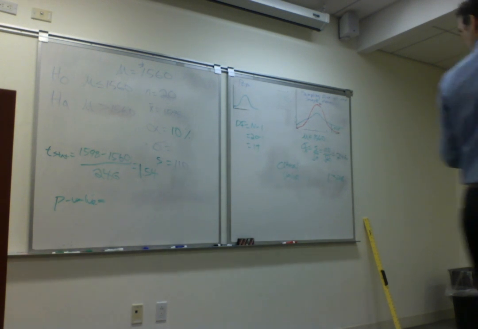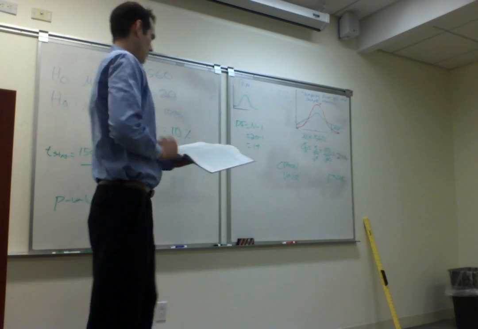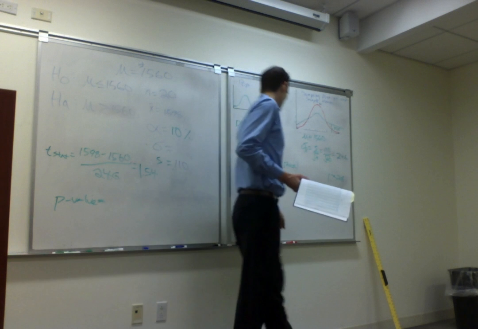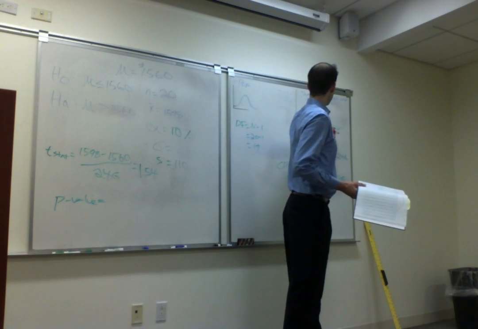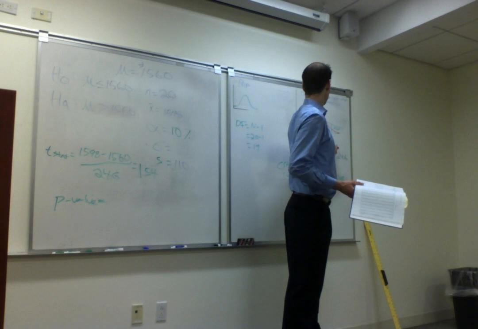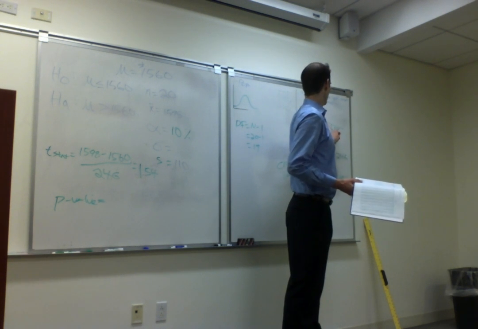Now, we've got a T-stat of 1.54, which means that it falls somewhere above this line, represented by 1.328. It falls maybe here.